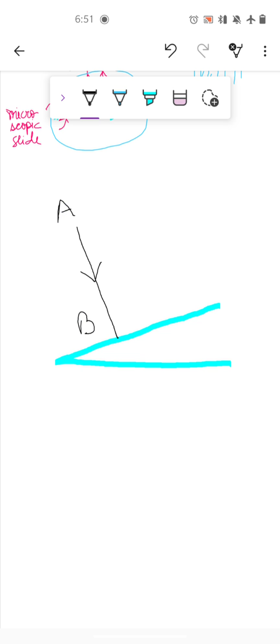This light ray gets reflected and at the same time gets refracted through the glass plate. At this point also, the light ray gets reflected and moves in the same direction, not refracted.